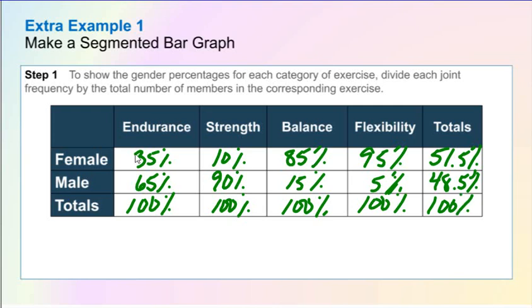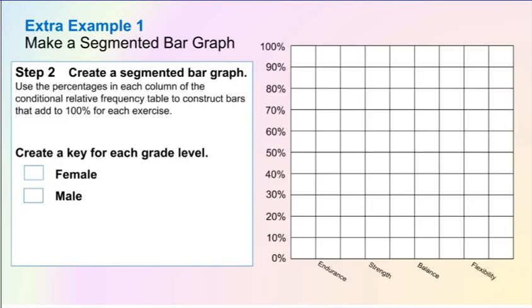Now that we have those written down there, we can now go to step 2, which creates a segmented bar graph. Then we'll use 2 colors. We'll use red for female, and we'll use blue for male. We'll do the female first.